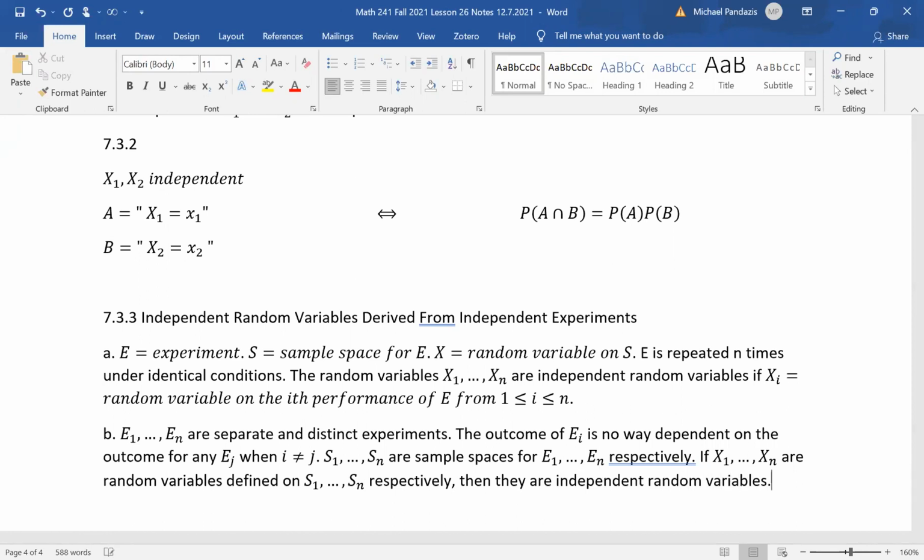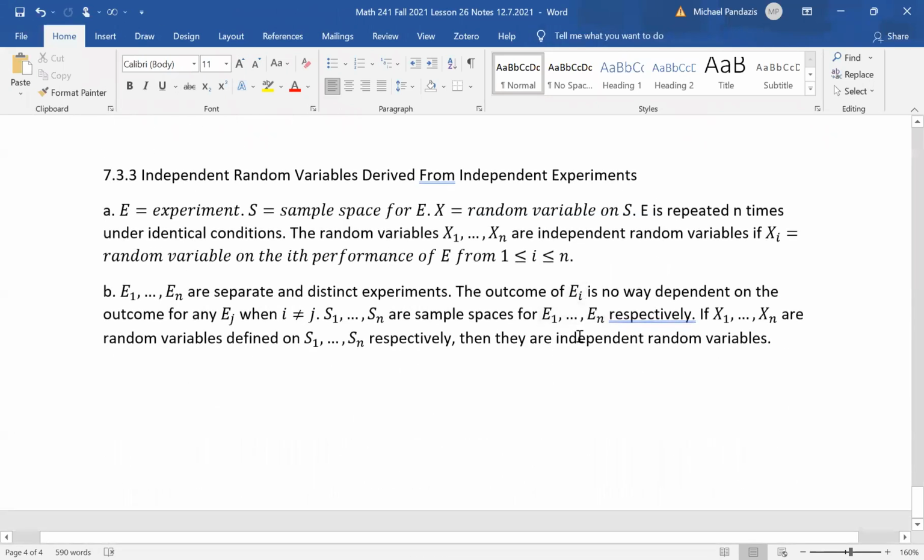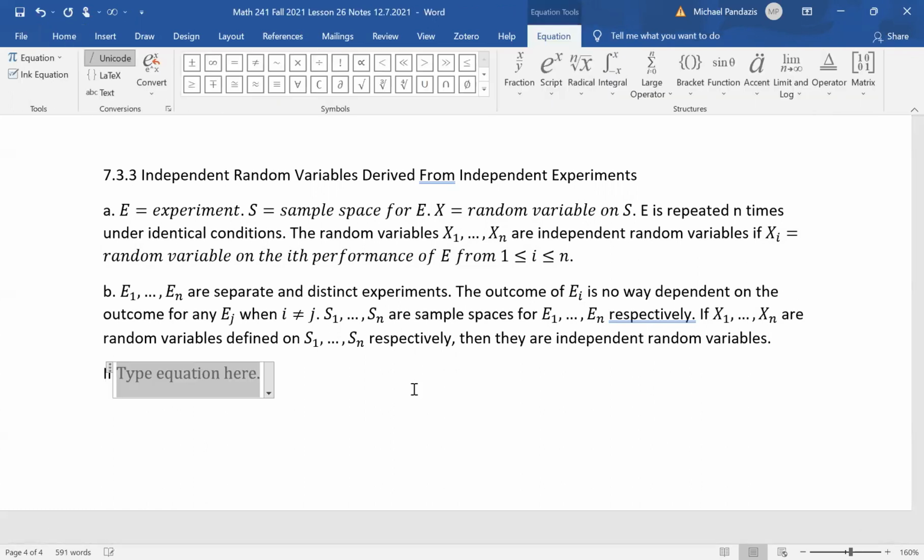random variables. Okay, so in A and B, it gives you situations where you know you have independent random variables. So if A happens or B happens, then your X1 to Xn are independent random variables. So that's what I'm going to write here.